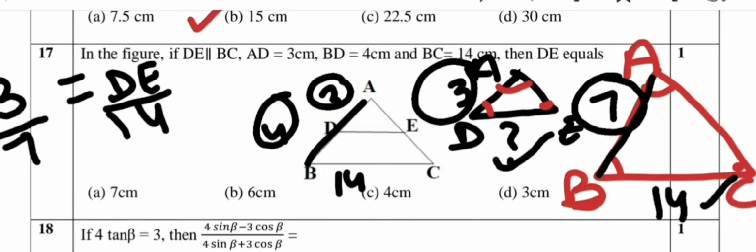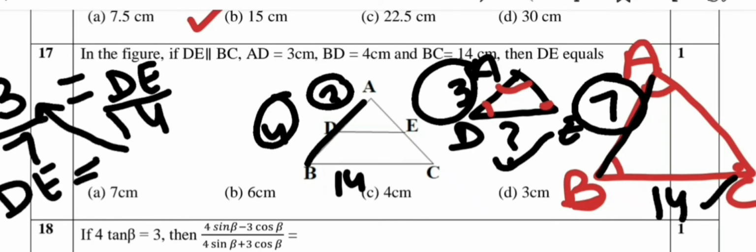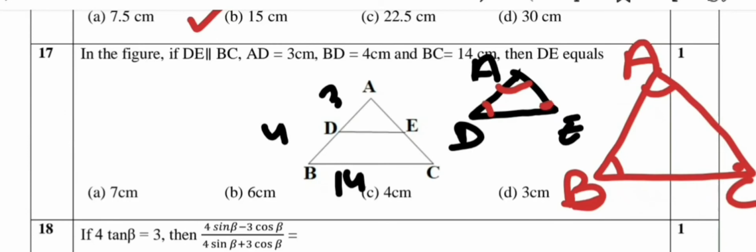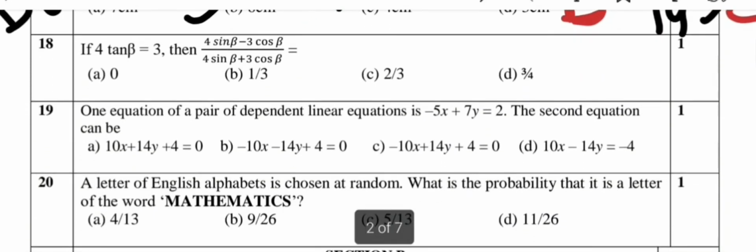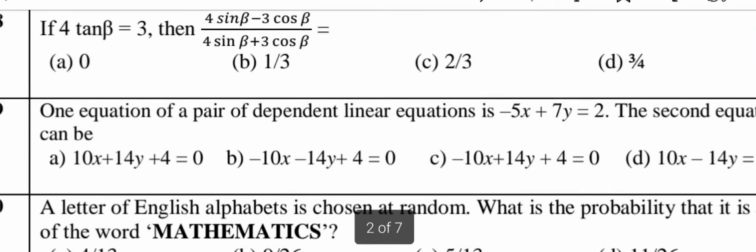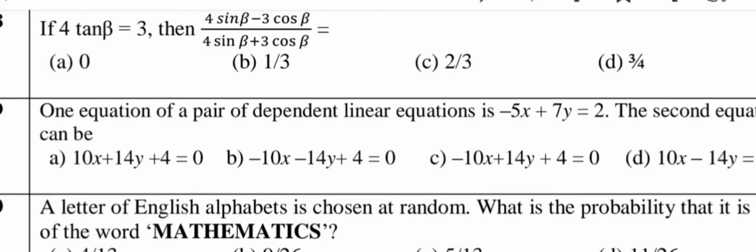So let us write the proportionality. 3 upon 7 will be the same as DE upon BC. BC is 14. Now we can take 14 this side. On solving this, we can find the length of DE. It will be 6 centimeters. So option B will be the correct option.